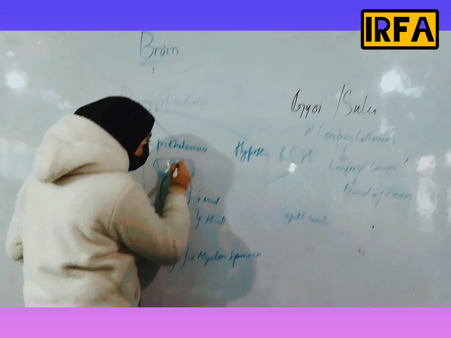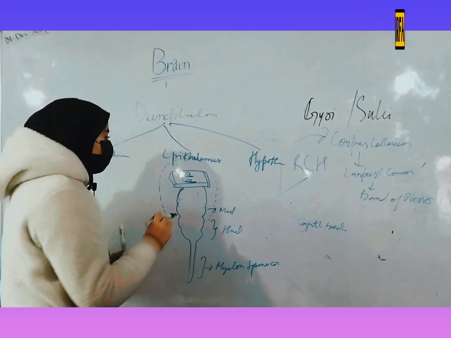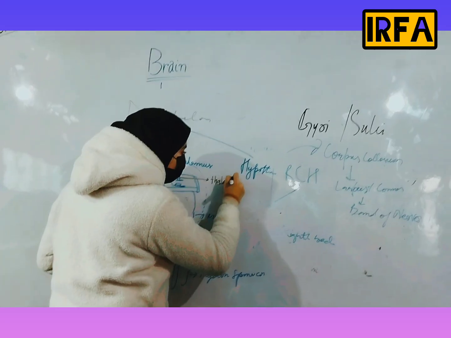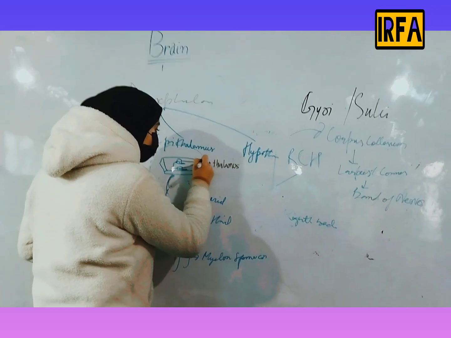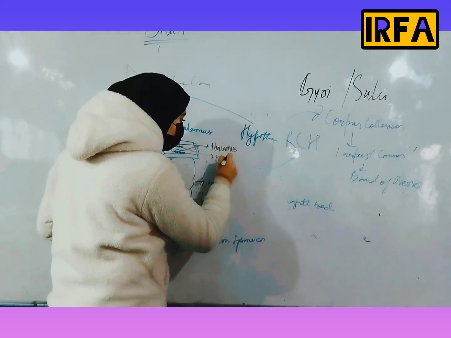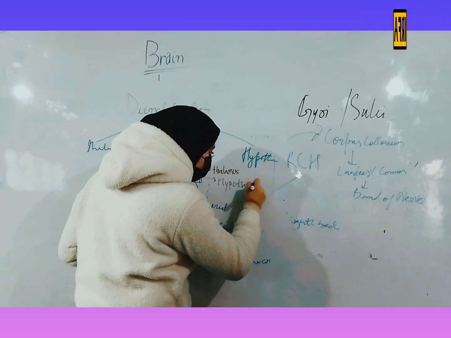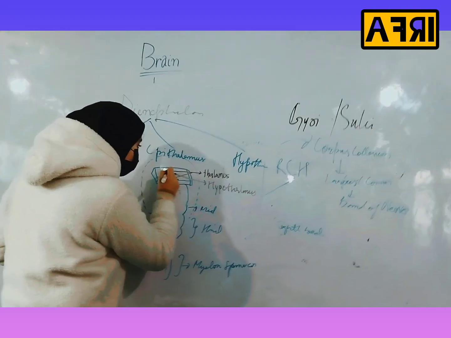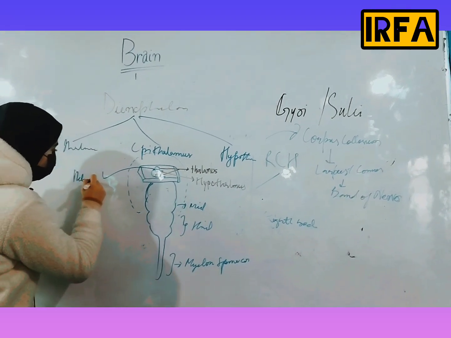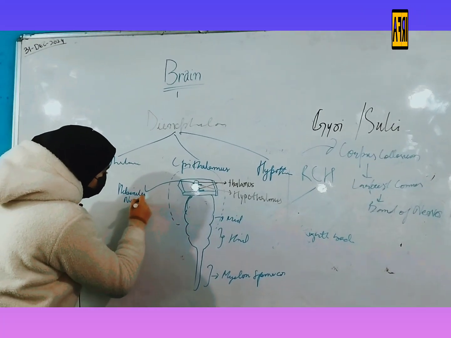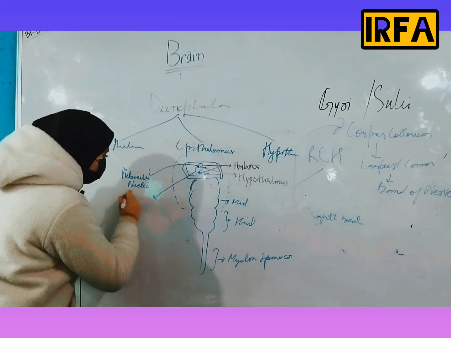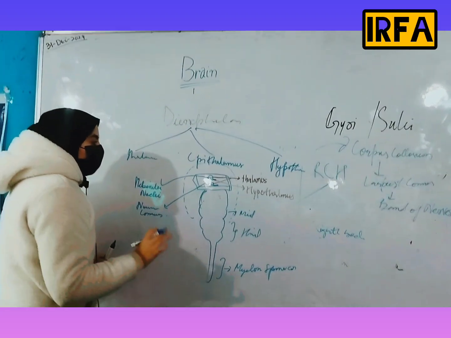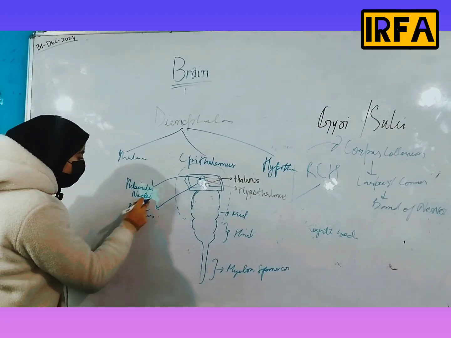And if we name them now, this is thalamus, this is also thalamus, this is hypothalamus, these two are habenular nuclei.